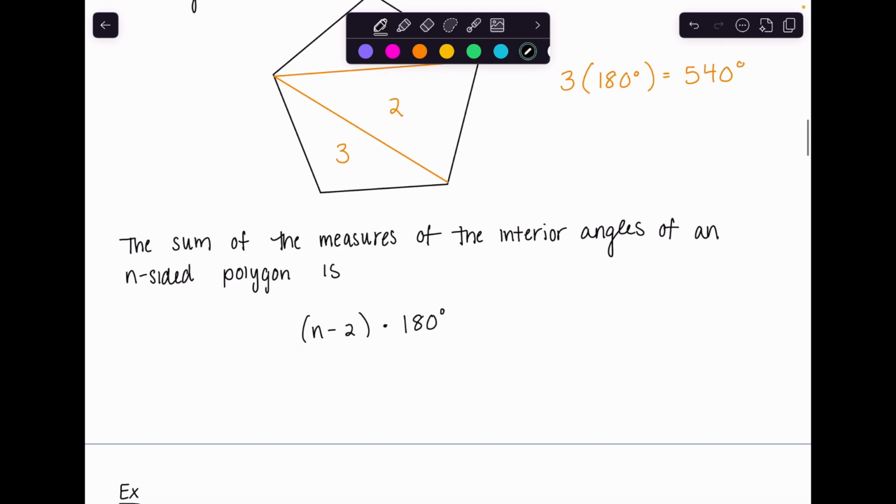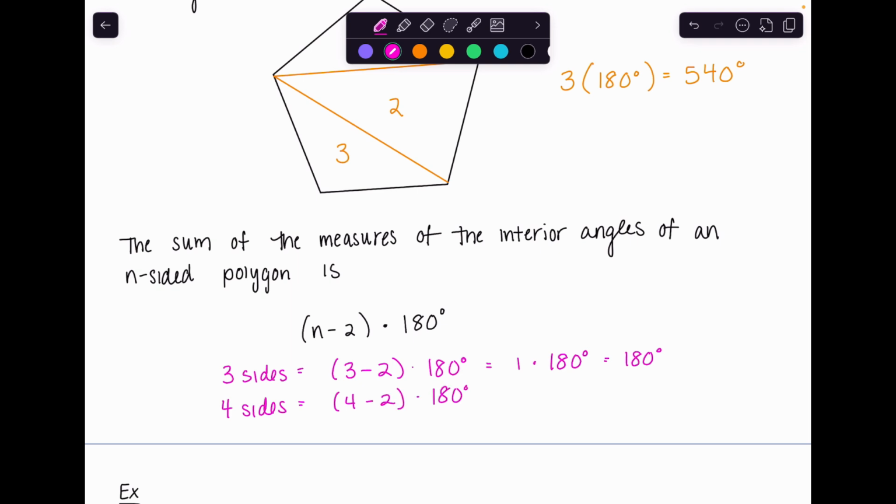So again, this fits the pattern for exactly those 3 things we did. So a triangle is 3 sides. That would be 3 minus 2 times 180, or really 1 times 180. A triangle has 180 degrees. 4 sides would be 4 minus 2 times 180, which is 2 times 180, exactly what we found.